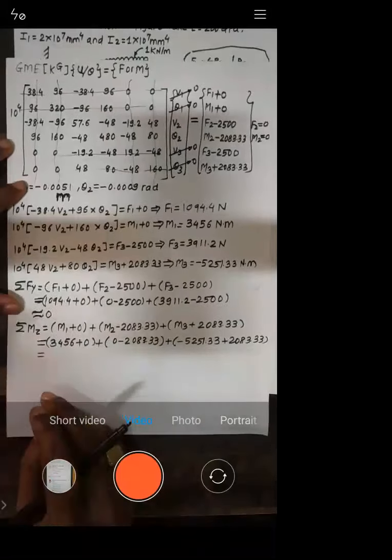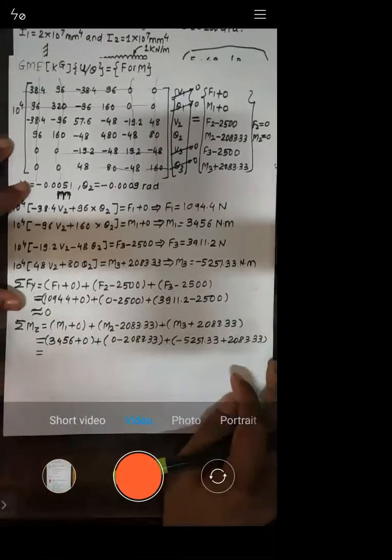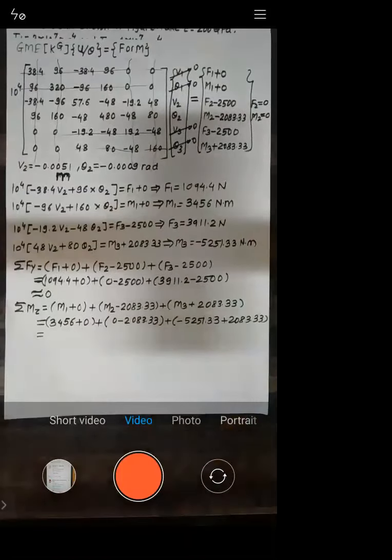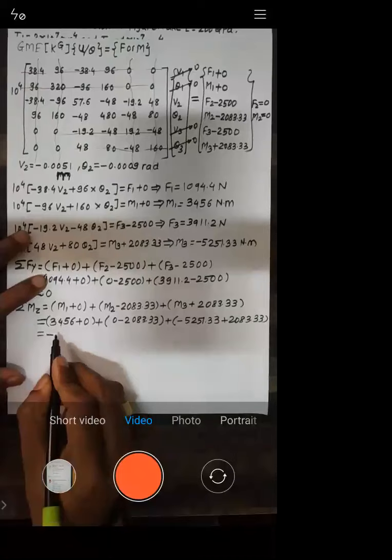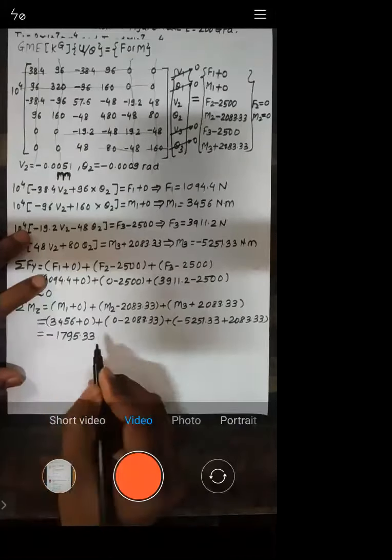Can you add all this? Let me know. How much are we getting? Minus 1795.33 Newton meter.